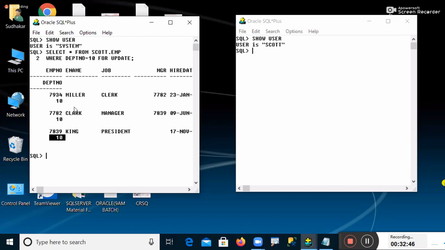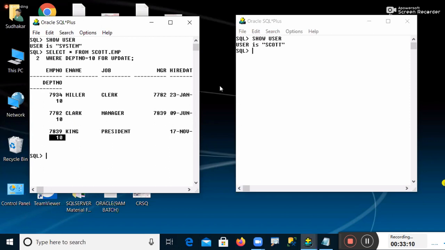That means department number 10 has 3 rows, so all the department number 10 rows data is locked by the system. Now his request is under processing. He is not confirming here, so it stays locked.